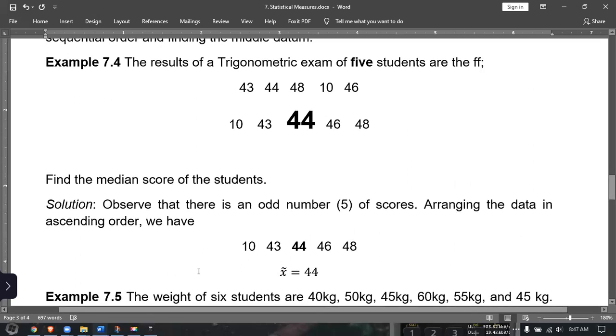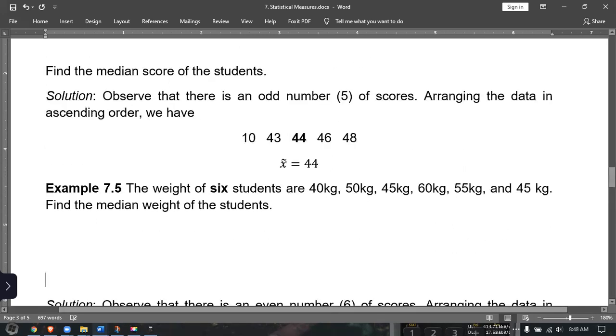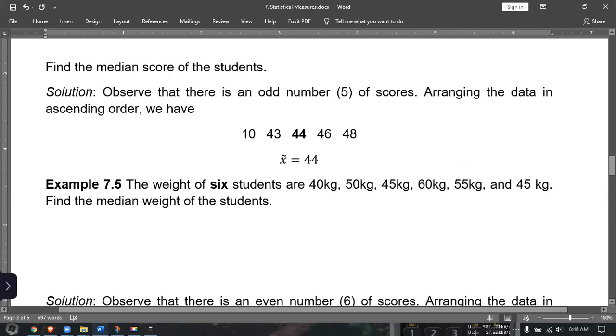Another example. This is the second case. The weights of 6 students are 45 kilograms, 50, 45, 60, 55, 45. Find the median weight of the students. Arrange in order.